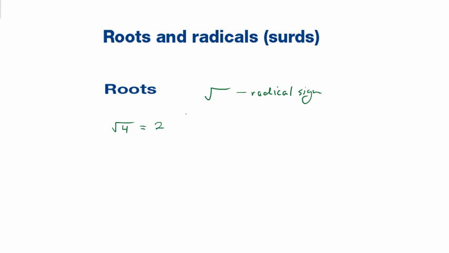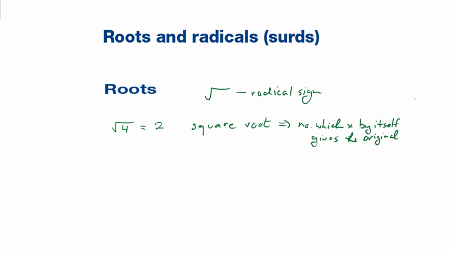Why is that so? The square root implies the number which multiplied by itself gives the original. That's a very simple explanation. In other words, the root of 4 is that number which multiplied by itself will give 4. So it's obviously 2.